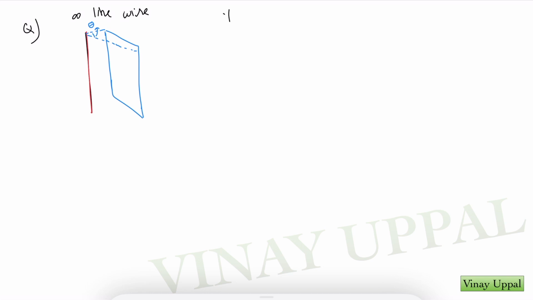So if I look at the top view, this red dot represents the line wire, and the straight line will be the top of the rectangular surface, and it's symmetrically placed. So these two halves of the blue line are equal, and this angle is theta.